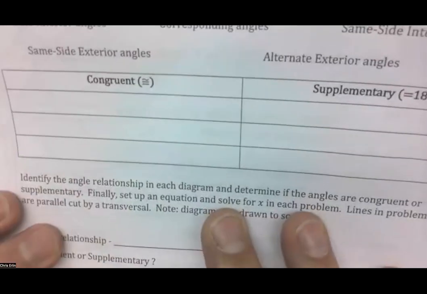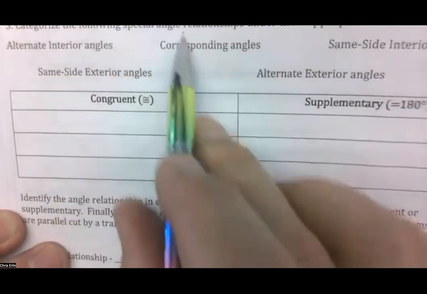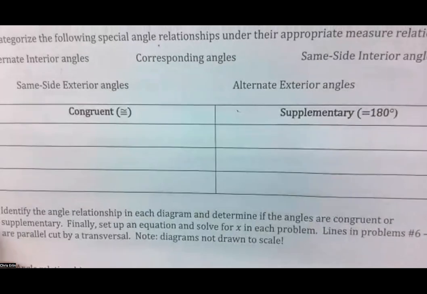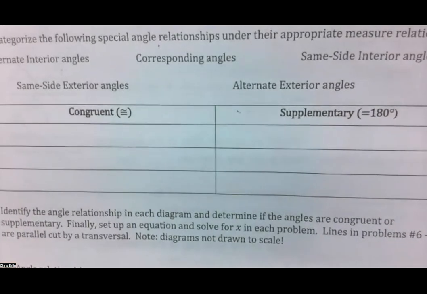Please take that knowledge and transcribe that onto today's notes. This little chart down here. Pull from these 5 words which ones are congruent and which ones are supplementary. Go. It will be, but right now we're doing notes. Nope.